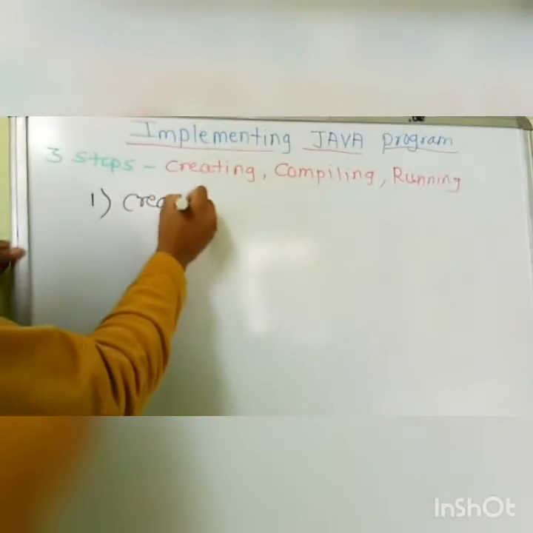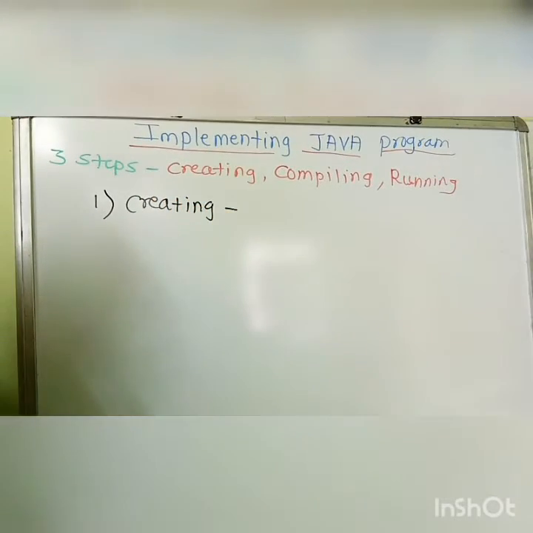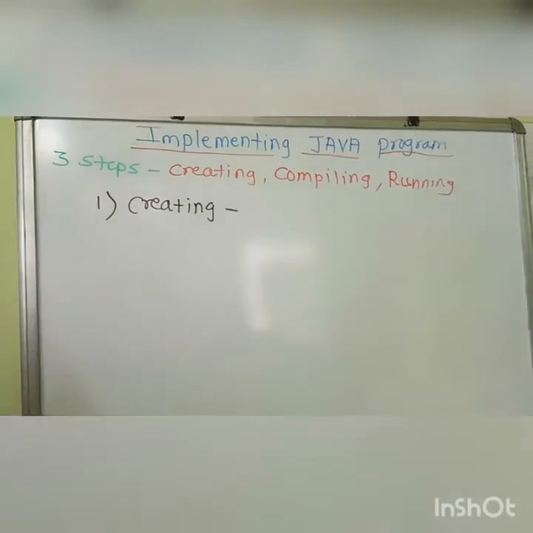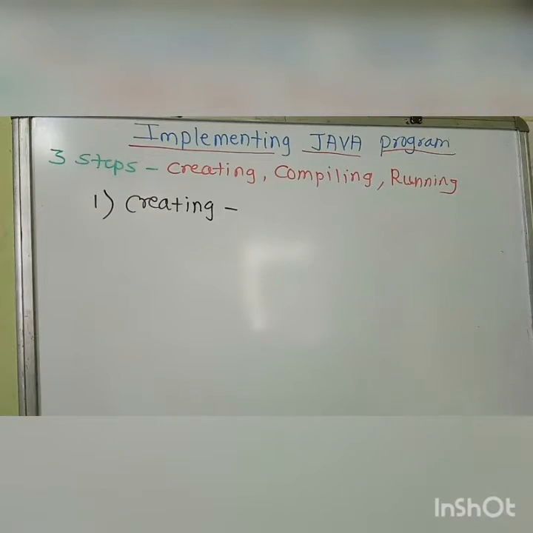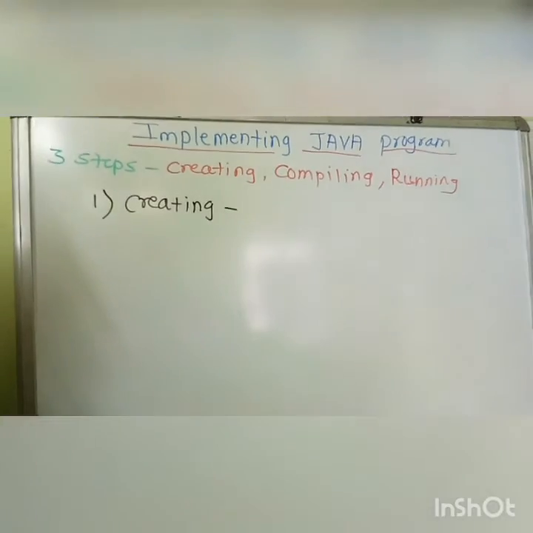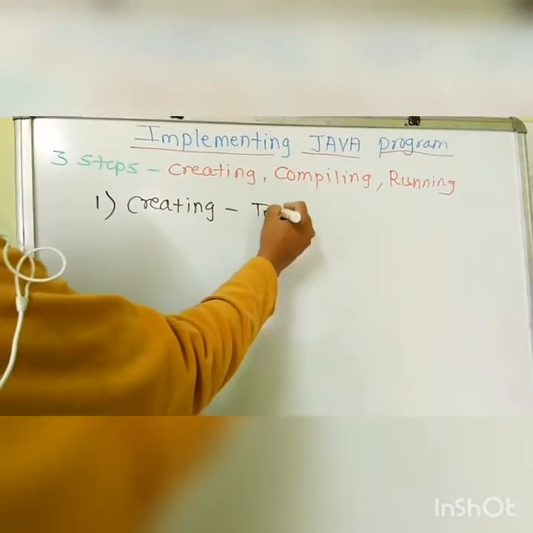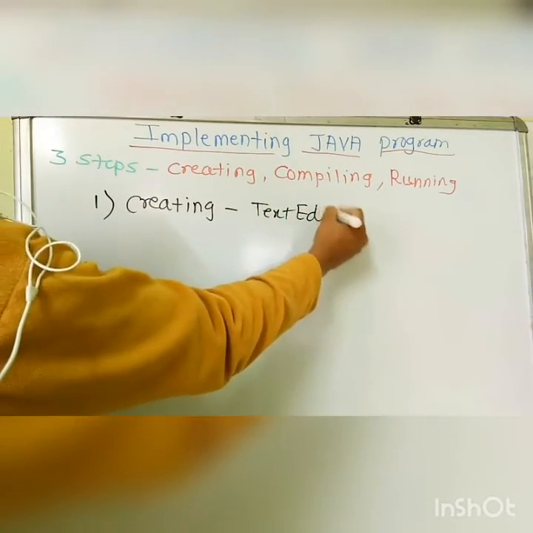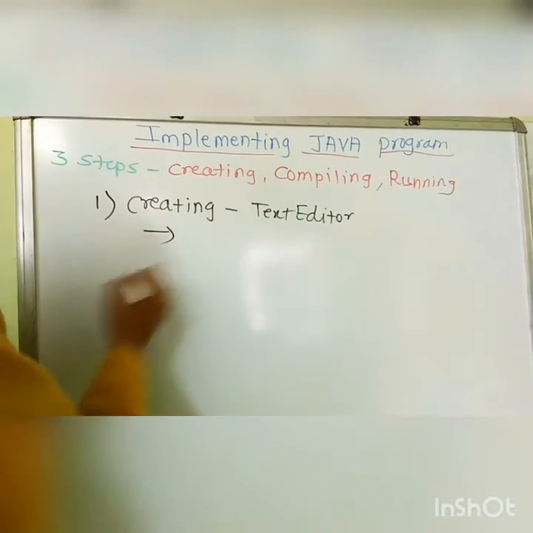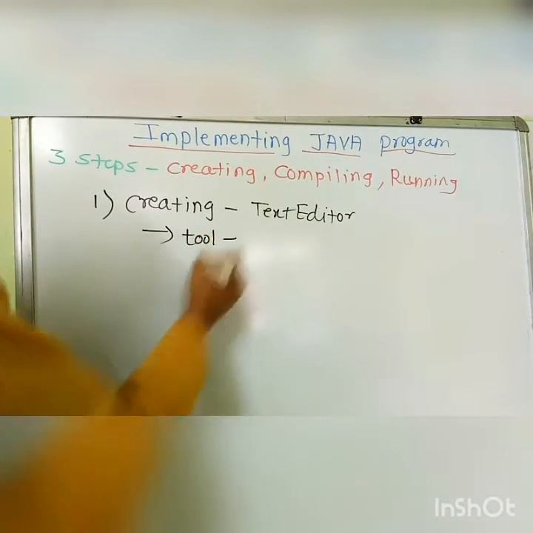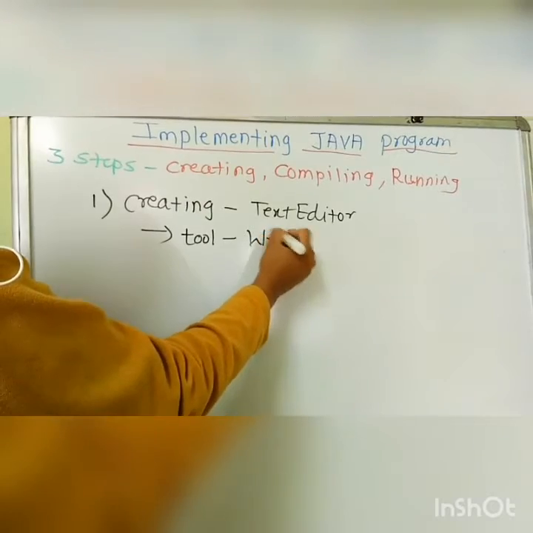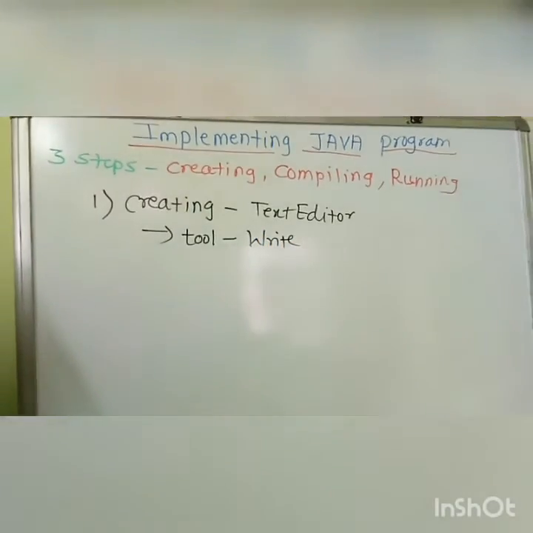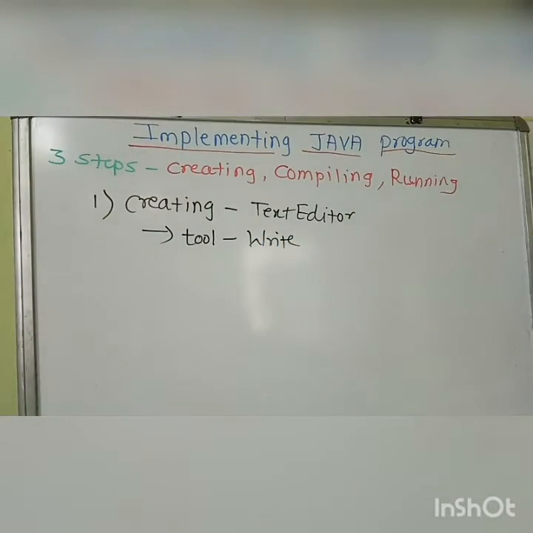creating a Java program. As we all know, for any program to be compiled and run by software, it should be created in a text editor. It is nothing but a tool in which we write our program, whatever the language.